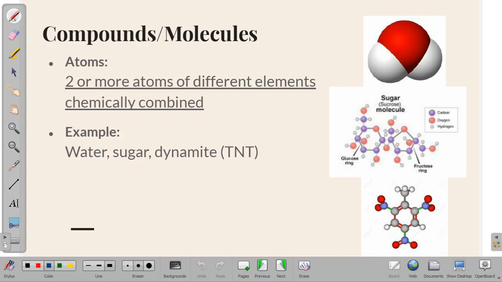All right. Now, if I take some of those same elements and I rearrange them, we can make sucrose. So, if I've got hydrogen and oxygen, it makes water. If I throw in carbon and arrange it a certain way, we take water, and now we have sugar.